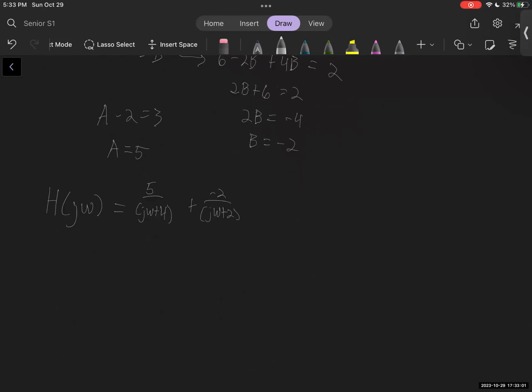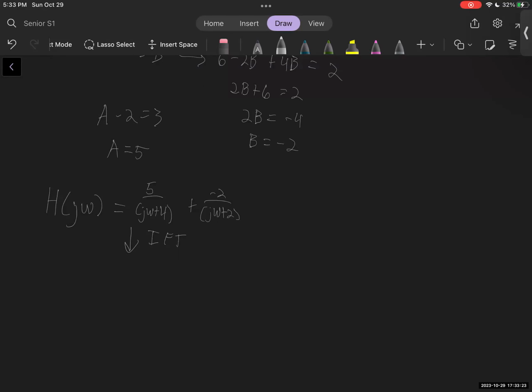Now we need to inverse Fourier transform it back into the time domain. So we're going to use our tables for this. I didn't put the tables on this, but you can find them on the slides on slide 10.